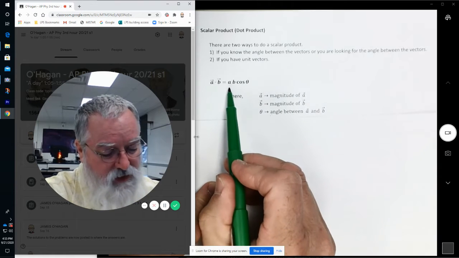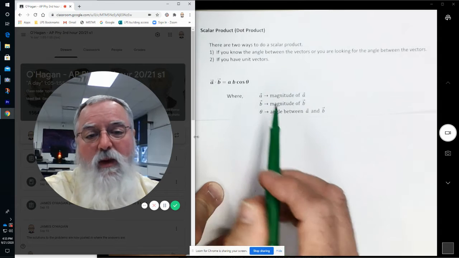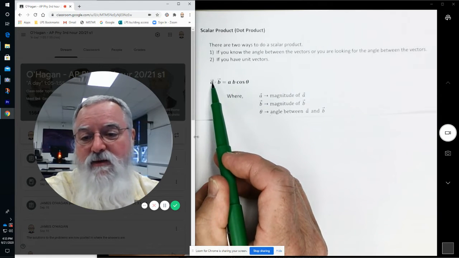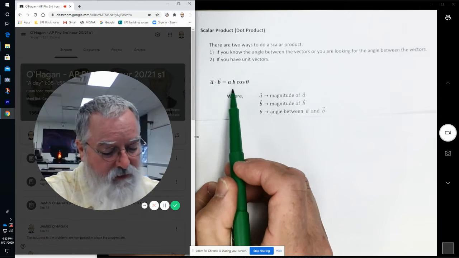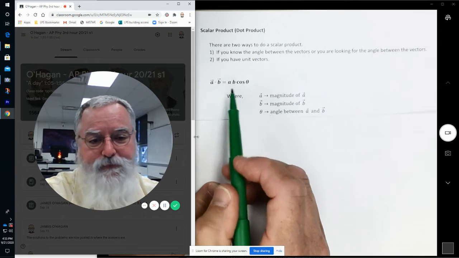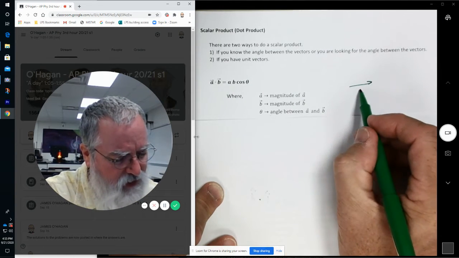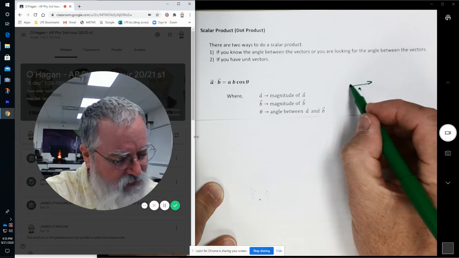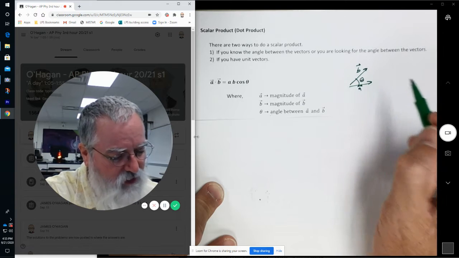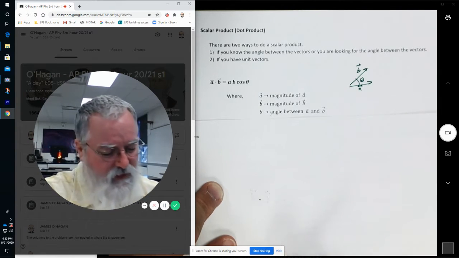The scalar is A times B times the cosine of the angle between them, where A is the magnitude, the size of this vector, and B is the size of that vector. This works particularly well if you've got A and B and some known angle between them. It's really easy to do a dot product on those.